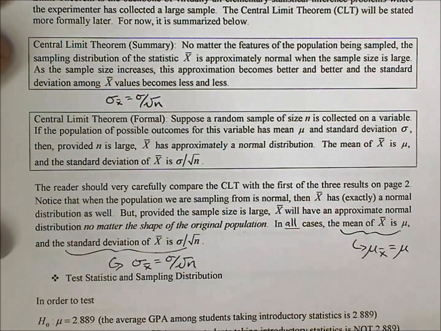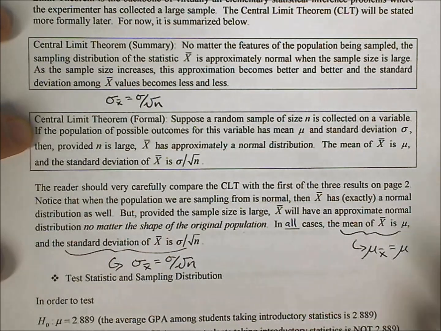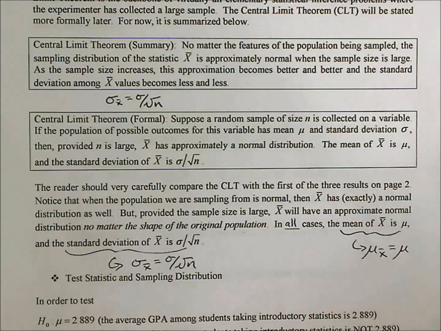In particular, here is the central limit theorem in lay terms. Here it is in more formal terms. But the big idea is that x bar is approximately normal if we have a random sample from any population and that random sample is sufficiently large enough. For us, the large enough value, we'll just set it at 30 or more.